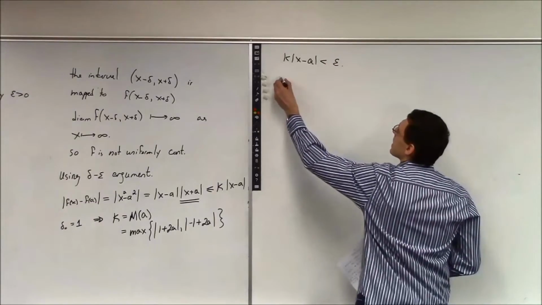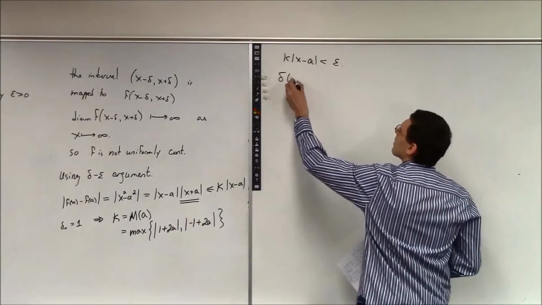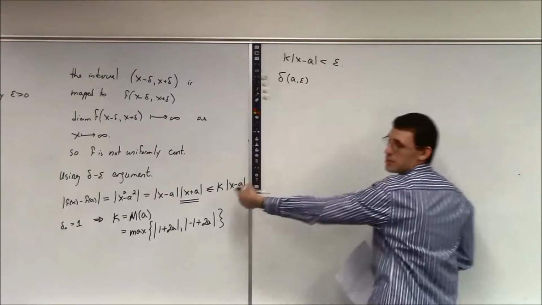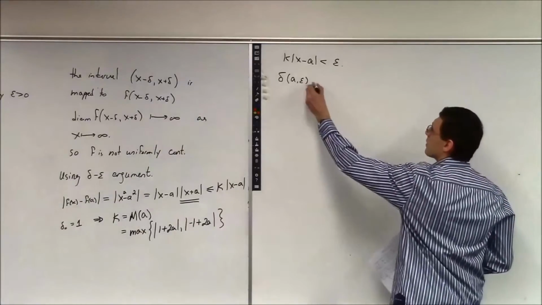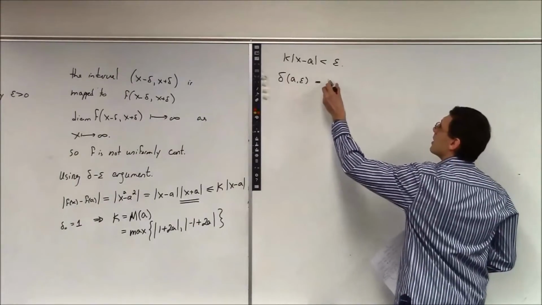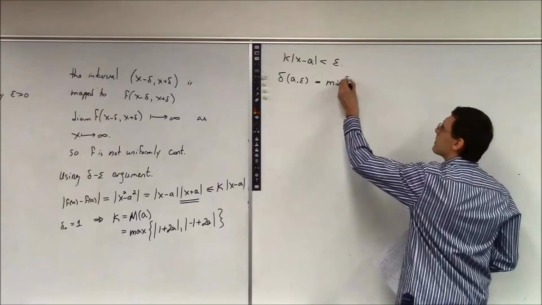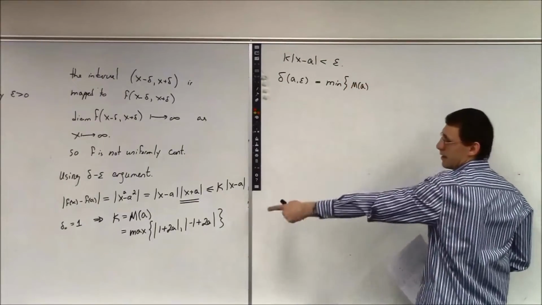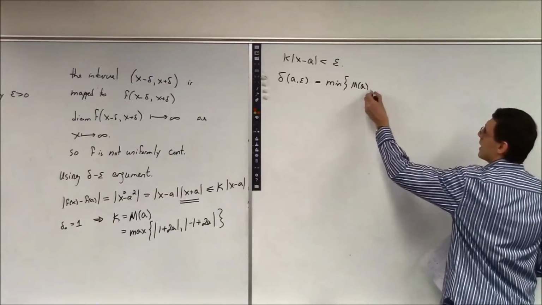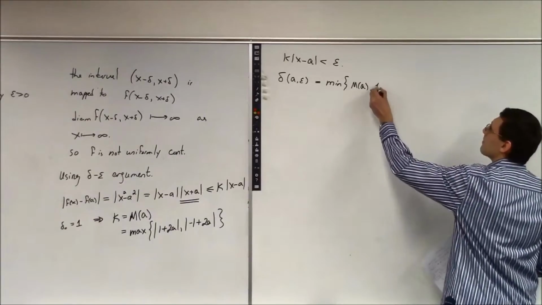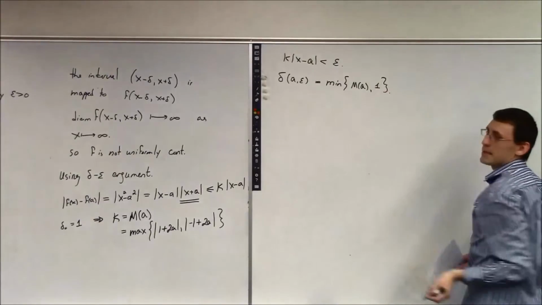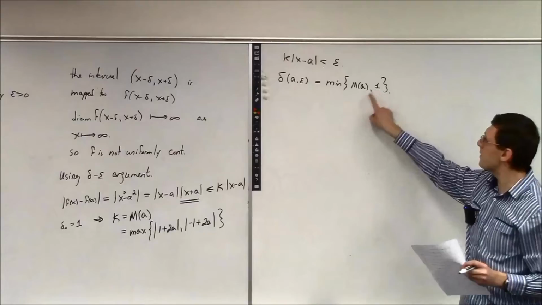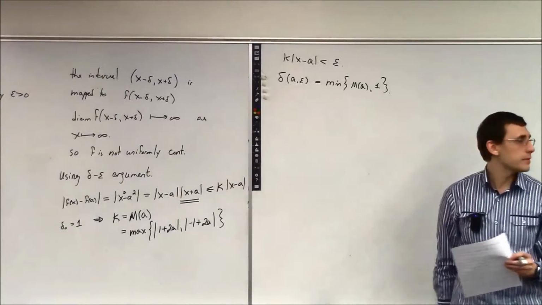So that means that delta of a and epsilon, here I write a epsilon, x is used as just a variable, delta of a epsilon will be the minimum of m of a, this k that I have here, and 1. So if you replace this 1 by another number, let's say by 1/2, you just have a different expression for m of a, you have a different delta.